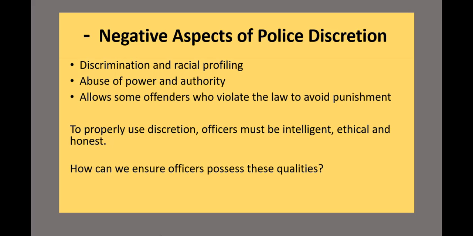Abuse of power and authority. A police officer using his or her position in law enforcement to intimidate, to frighten, to scare, to threaten, to harass, right? That's certainly not how we want them using their discretion. Police discretion also allows some offenders who violate the law to avoid punishment, right? So a lot of people who believe in a much more tough on crime perspective, they don't want anybody getting warnings.